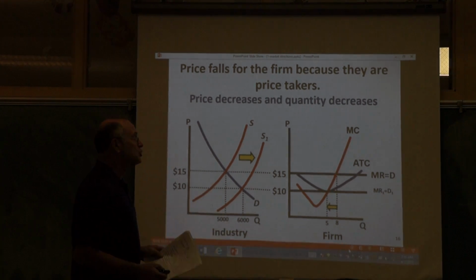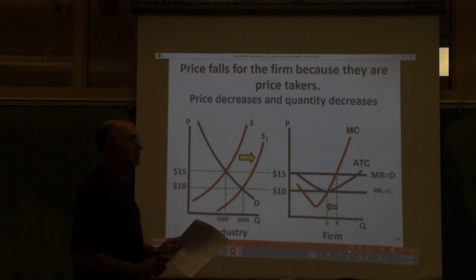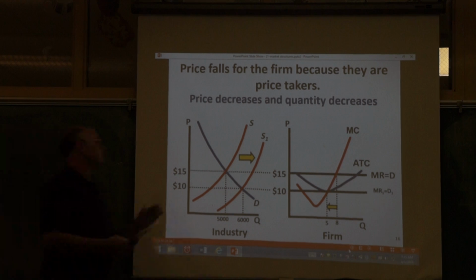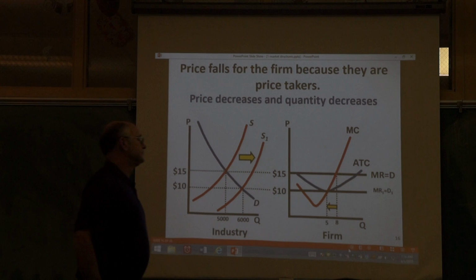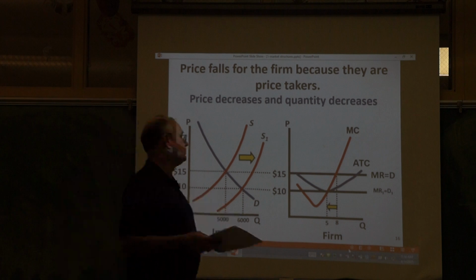In the short run, you can make profit. In the long run, you cannot. And so in perfect competition, if they say long run, you have to be at zero economic profit. And again, if it's in the short run, you can make money.